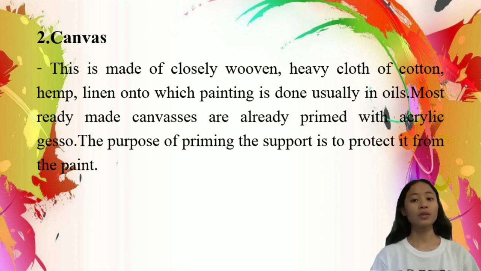The purpose of gesso is for the paint you put on the support to stick, which is the canvas, for it affects the absorbency of the support. So, canvases are available in various forms to suit different applications and budgets, as I've said.